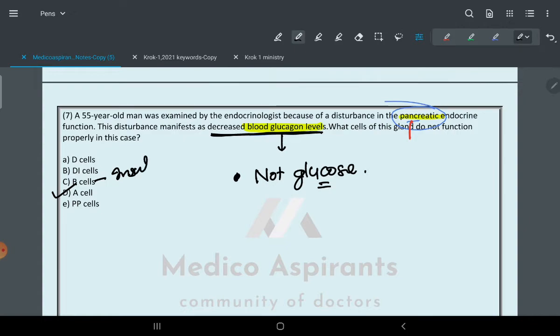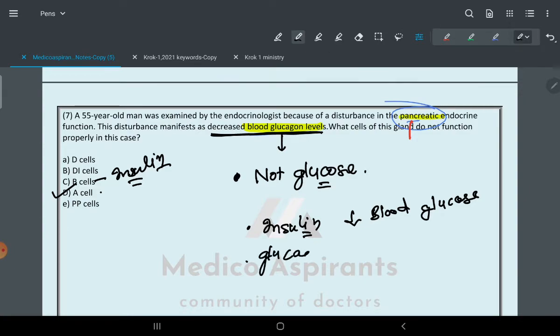And what they do: insulin has the capacity to reduce blood glucose, and glucagon acts as an antagonist to insulin. Like, this one decreases, this one increases blood glucose.